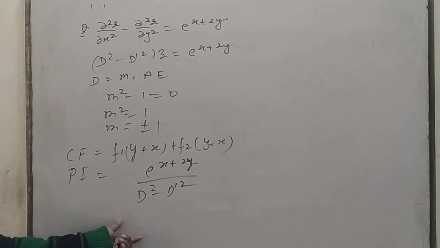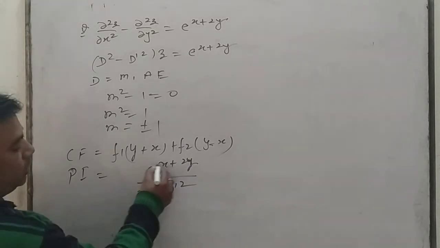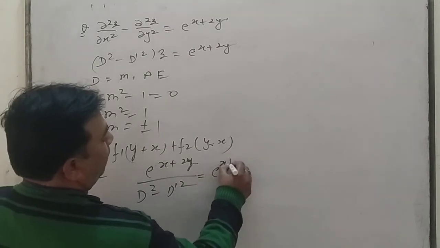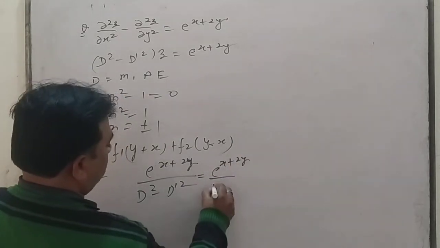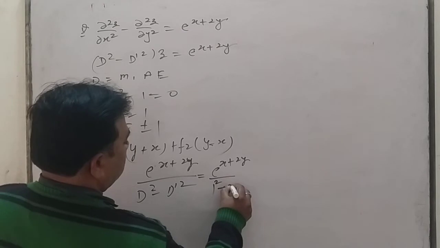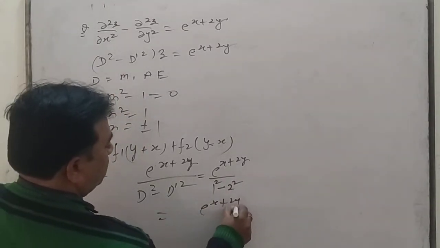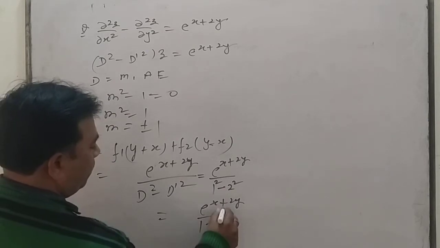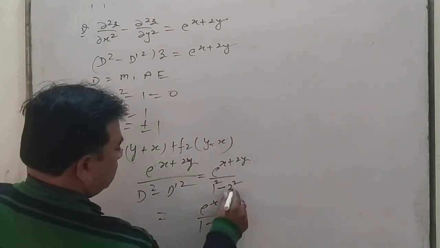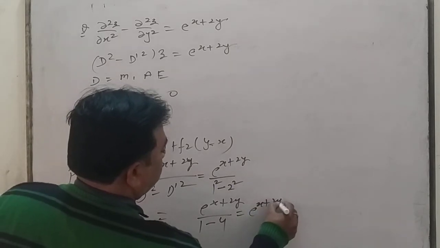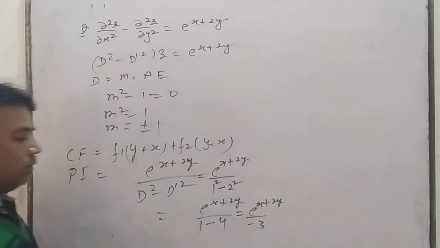In operator form, you can see the coefficient of x is 1, the coefficient of y is 2. In place of this, e to the power x plus 2y upon 1 square minus 2 square, e to the power x plus 2y upon 1 minus 4, that is e to the power x plus 2y upon minus 3.